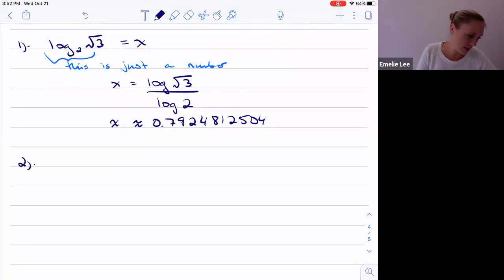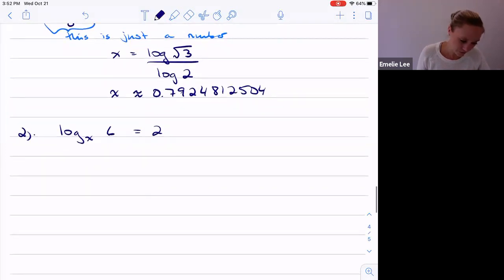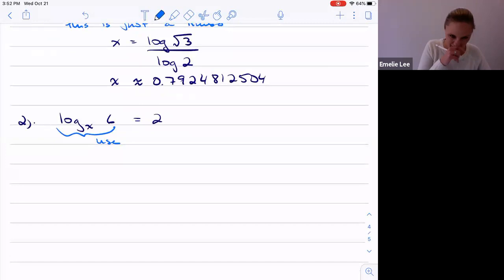The second one was where the unknown was in the base, right? So we need to be able to tease out from the base this unknown value. So if we have something like log base x of 6 equals 2, what we're going to do is use the definition of a log, right?